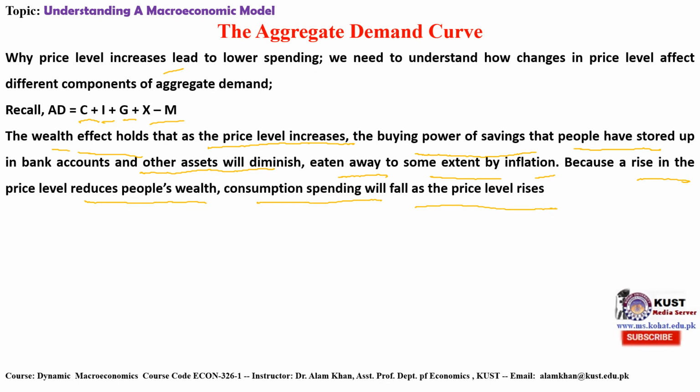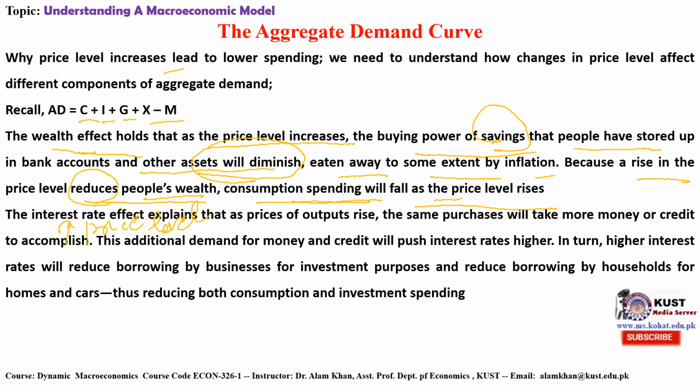So one effect is the wealth effect, which means that when there is an increase in price level, your savings will be diminished. Even your other assets will be diminished. You will spend more money on the same goods and services, which will reduce people's wealth. Consumption spending will fall as the price level rises.